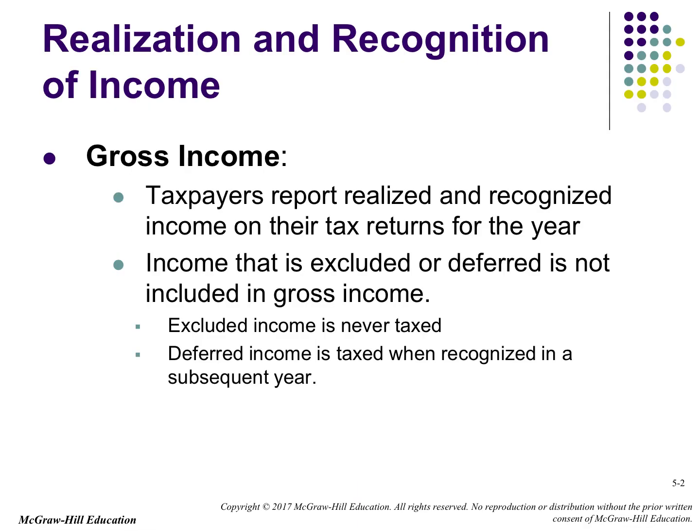All right, so gross income. When we start talking about gross income, we have to talk about the difference between the realization of income and the recognition of income. Remember that gross income is income from whatever source derived. That's what the tax code says. It includes income realized in any form, whether in money, property, or services.